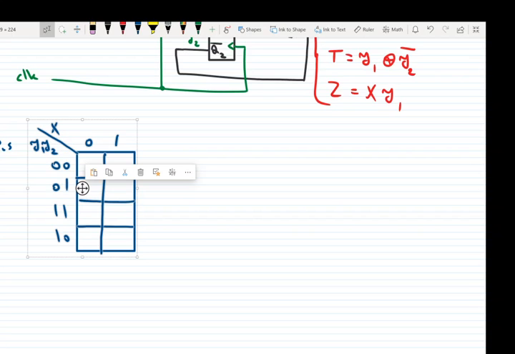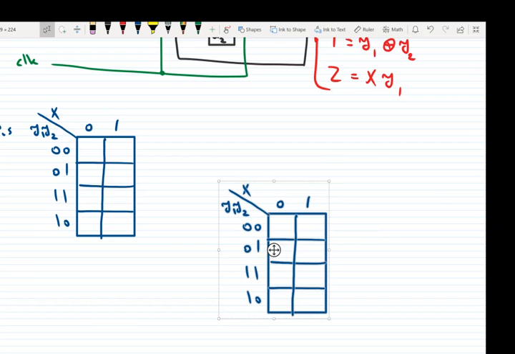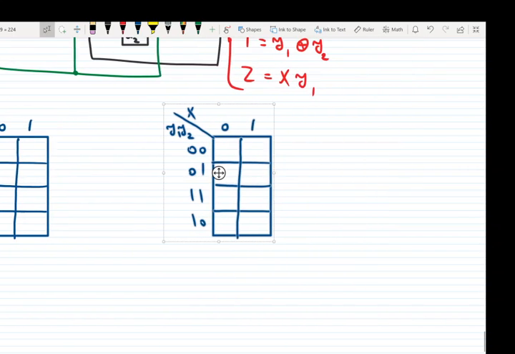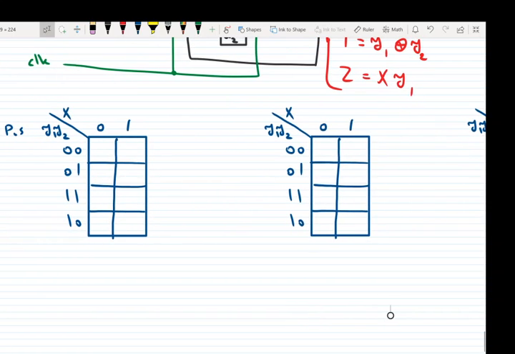Copy, paste. Okay, so we have these three tables.